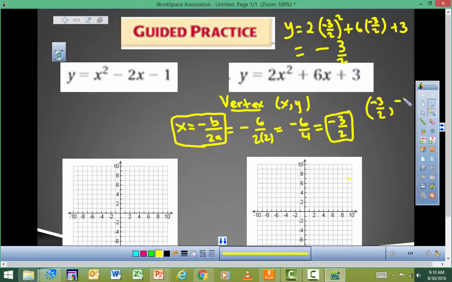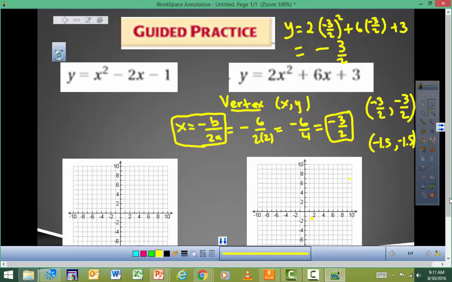And so I'll have negative 3 halves here. Well, that's an interesting vertex. So what it means is my vertex, that's basically 3 halves is the same thing as negative 1.5, right? So it's negative 1.5 comma negative 1.5. Okay? So 1.5 would be right about here, 1.5 is right about there, so that puts my vertex right there. Does that make sense?